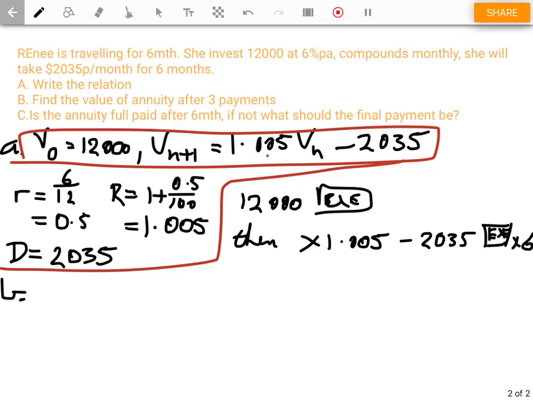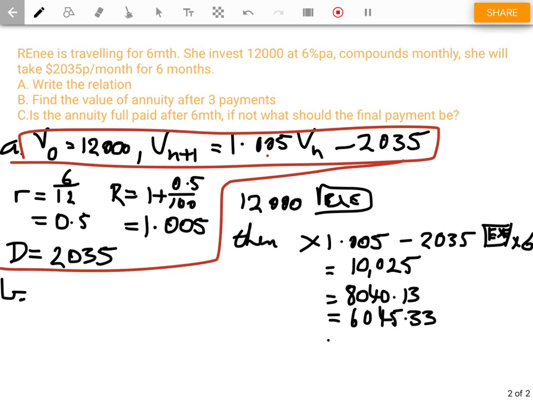Doing that, you'll end up with figures that come down as 10,025. Then the next time you'll get 8,040 and 13 cents. Then 6,045.33.